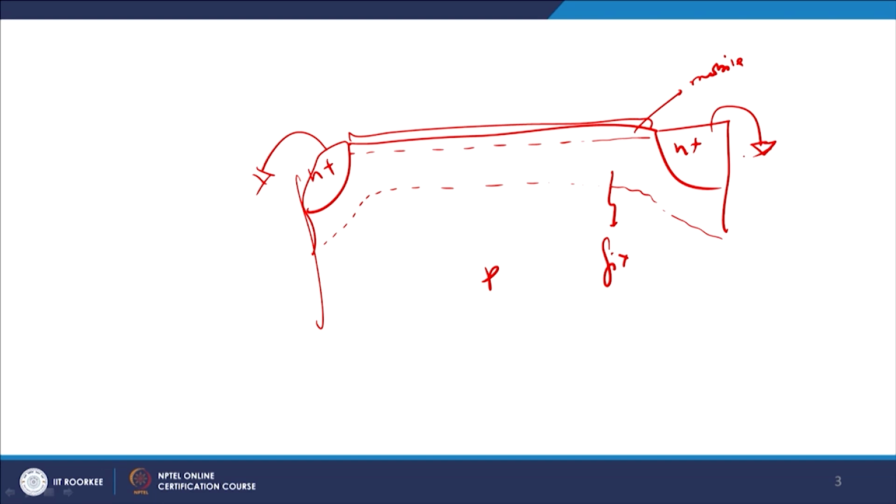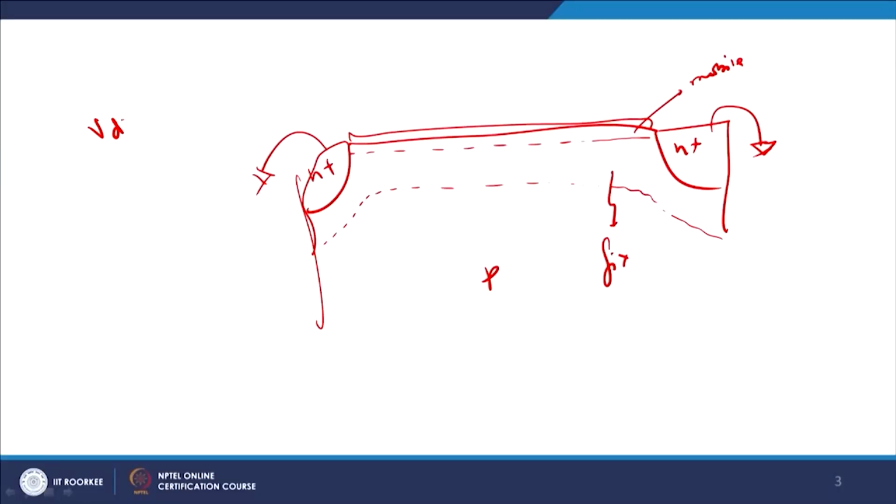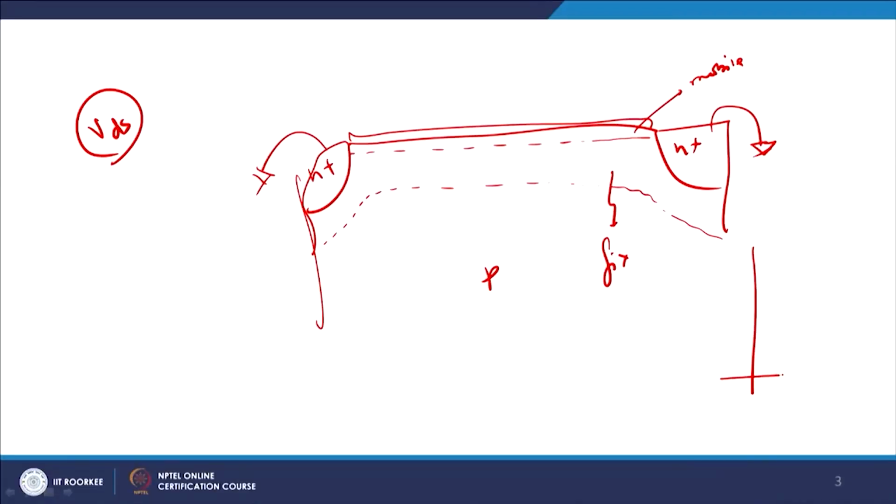Now, what I do is I increase the value of your VDS. I go on increasing the value of VDS, and let us see how it influences the overall current carrying capability of the MOSFET. If you remember the previous lecture, when we were discussing saturation, we saw that this is parabolic in nature and this was happening at VDS greater than VGS minus VTH.